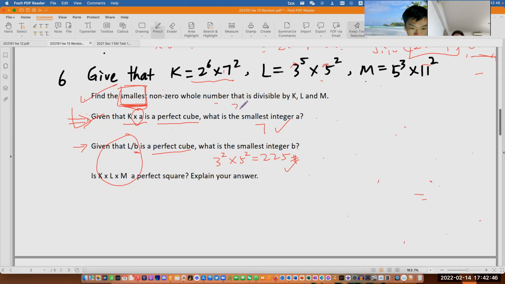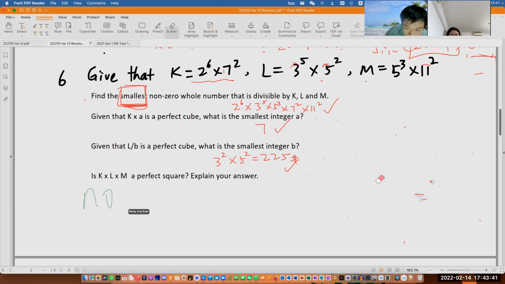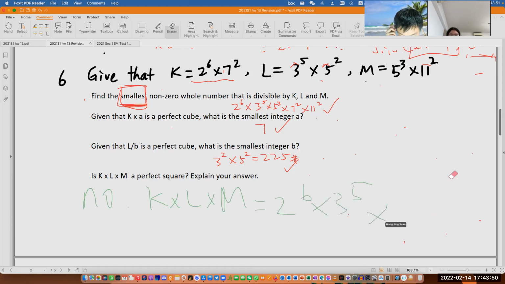So for this one, 2 to the power of 6 times 3 to the power of 5. Okay.